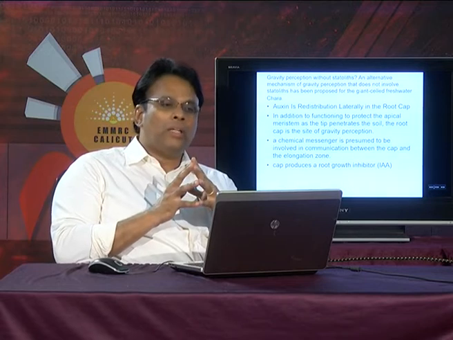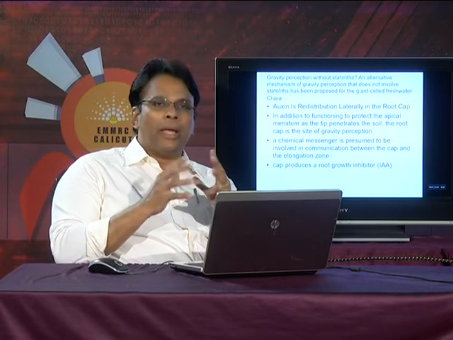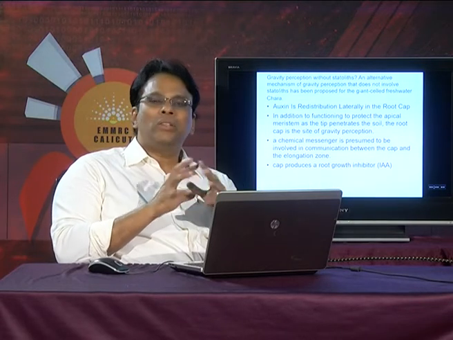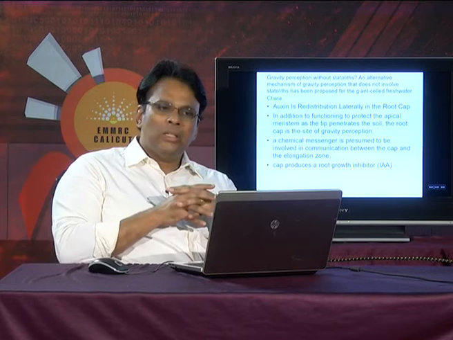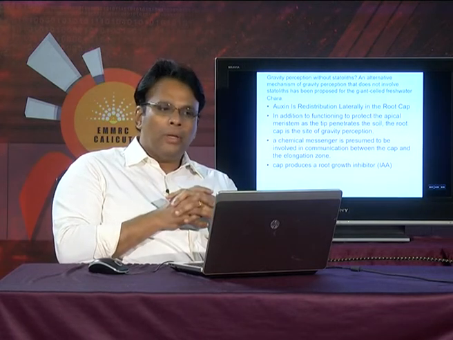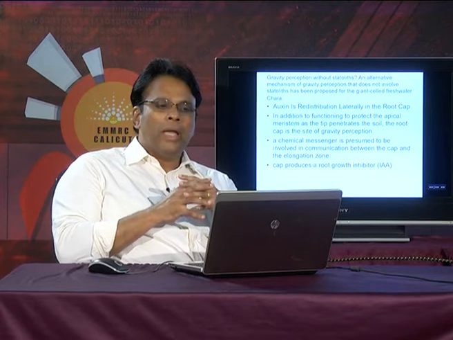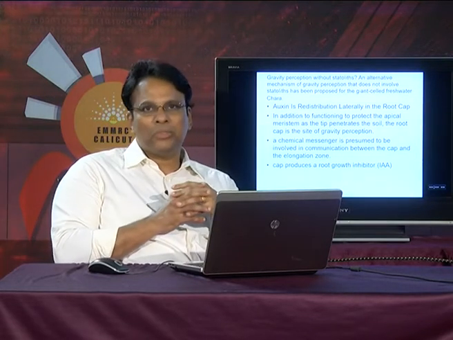There they found that auxin redistribution occurs laterally in the root cap. So, the root cap is involved in the auxin redistribution, with no involvement of statoliths. In addition to functioning to protect the apical meristem as the tip penetrates the soil, the root cap is the site of gravity perception.